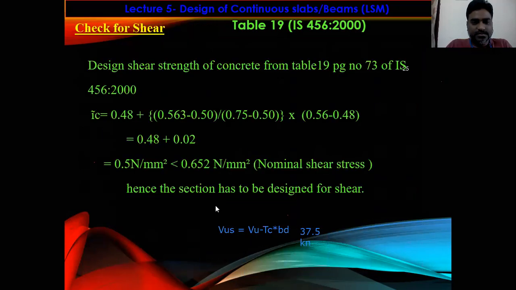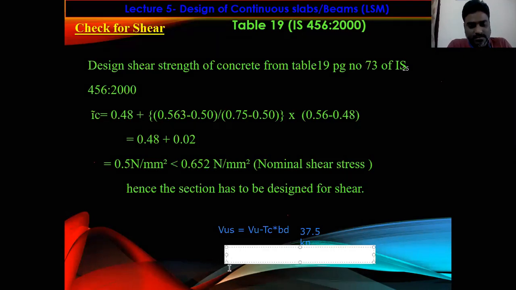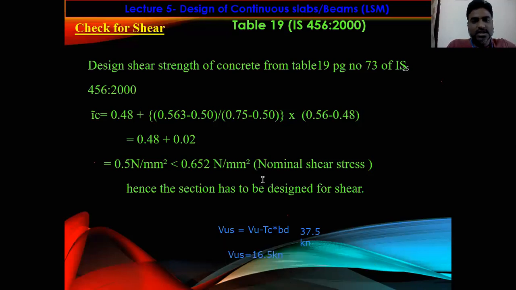So 54 minus 37.5, you get 16.5 as the Vus. So Vus is equal to 16.5. So for this, I have to design the shear reinforcement.